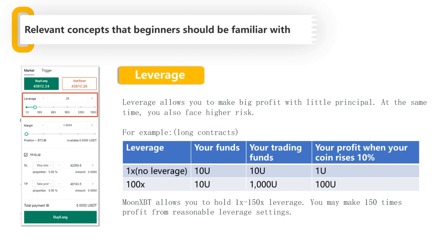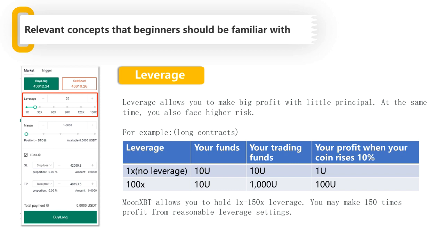For example, if you have 10 USDT, you buy a long contract and your coin rises 10%. You can have a profit of 1 USDT. But if you take 100 times leverage, you can have 1000 USDT in funds to trade, and you can have a profit of 100 USDT.